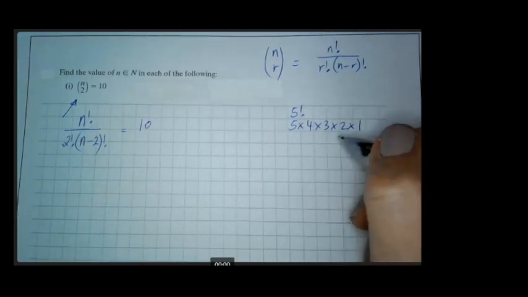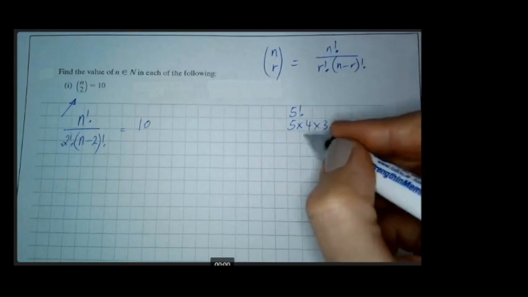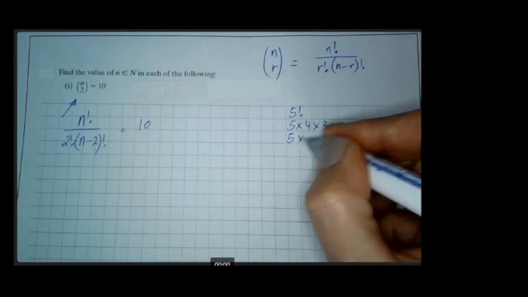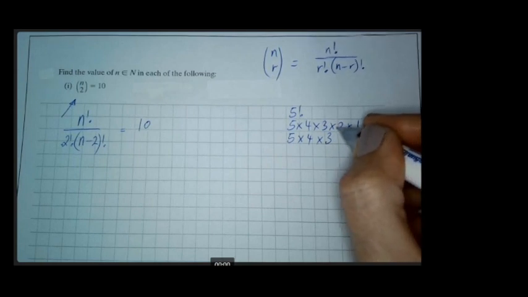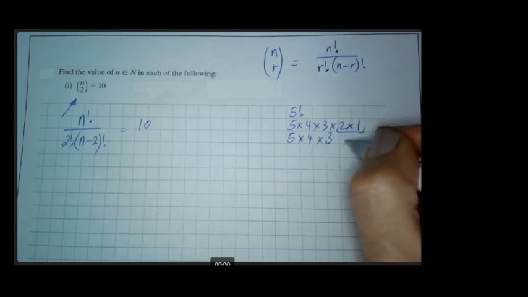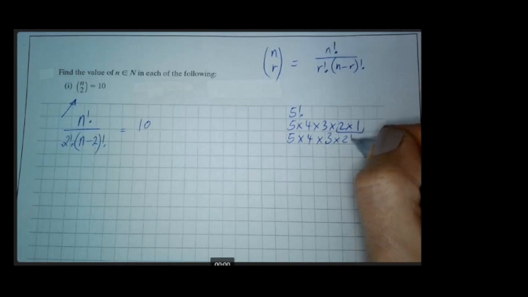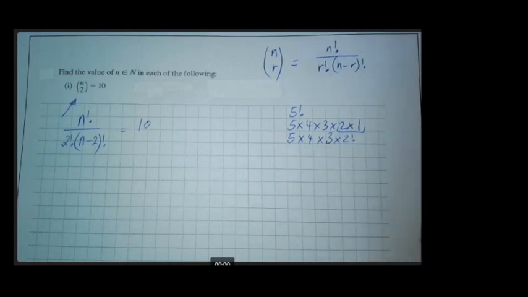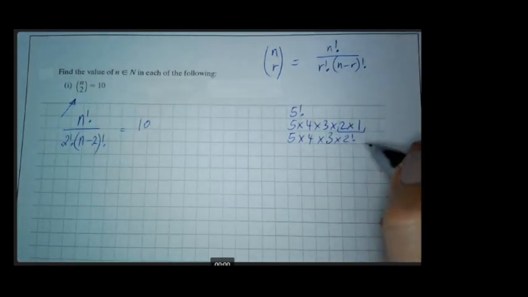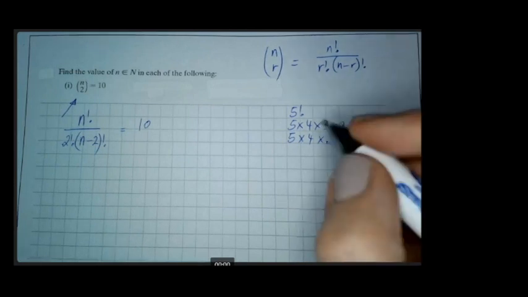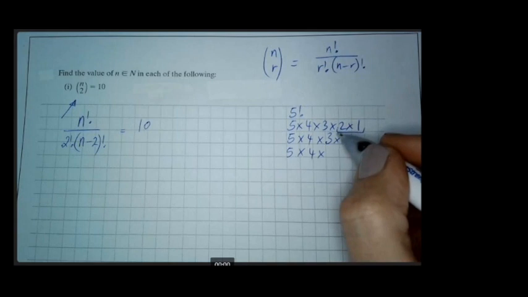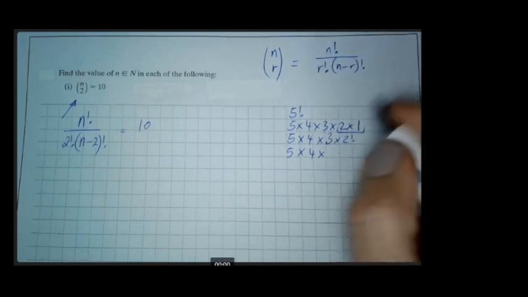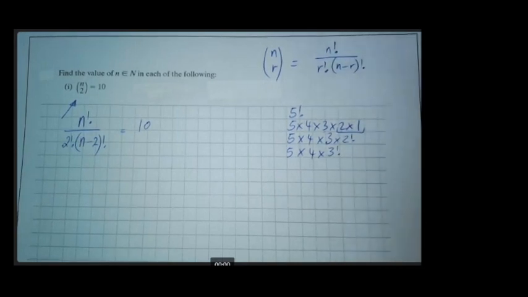Now, technically then, another way of writing this would be 5 times 4 times 3. And isn't it true that 2 times 1 is technically 2 factorial? Yeah. So another way I could write it is 5 times 4 times, and isn't 3 times 2 times 1 technically 3 factorial?